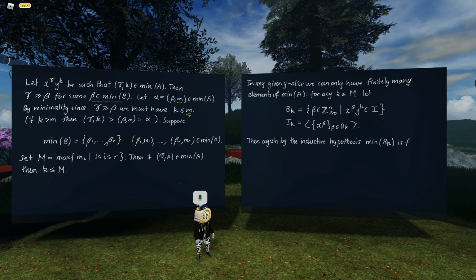Same argument as before. And if beta is in min bk, there is a unique m such that beta m is in min A. M may not be equal to k.